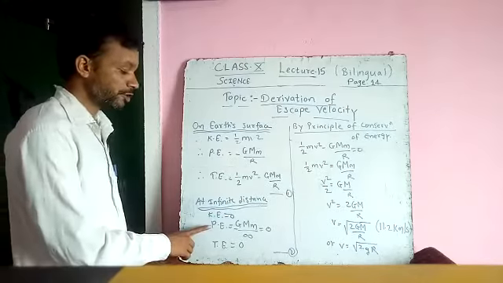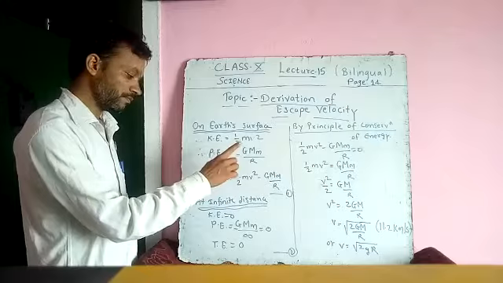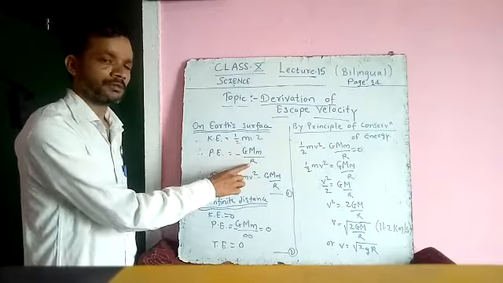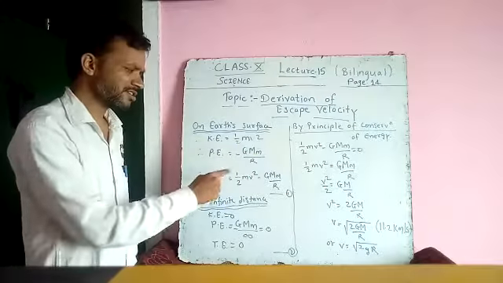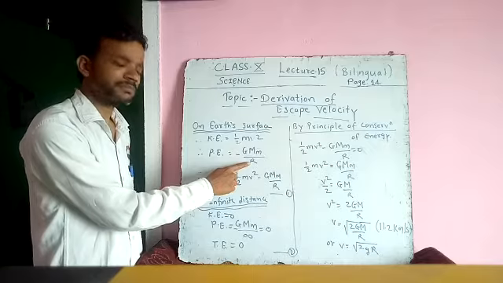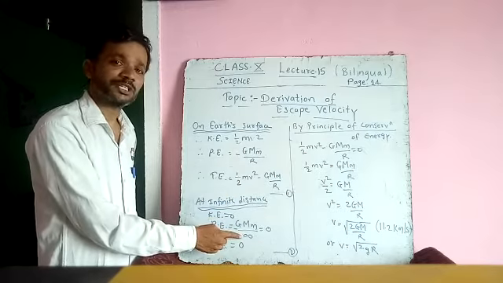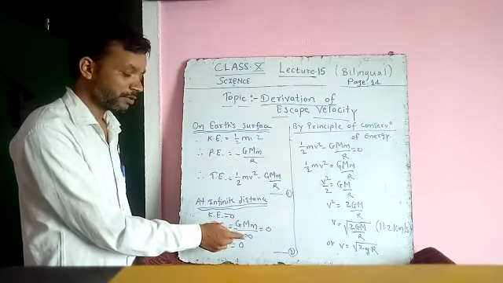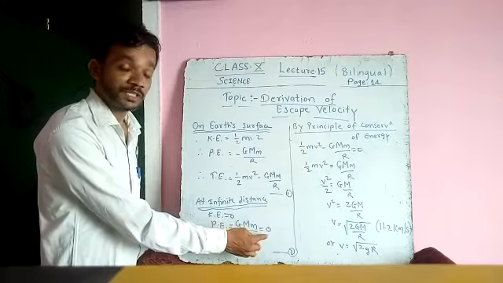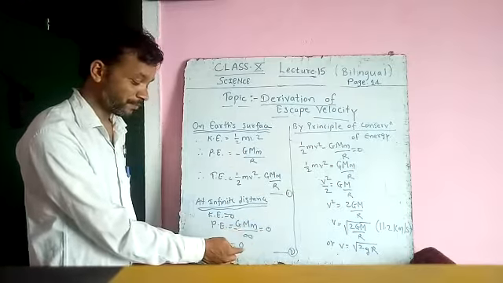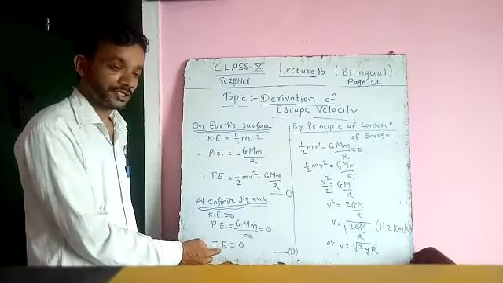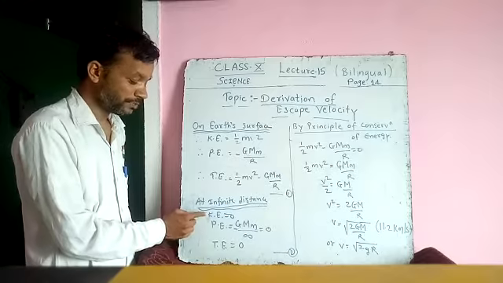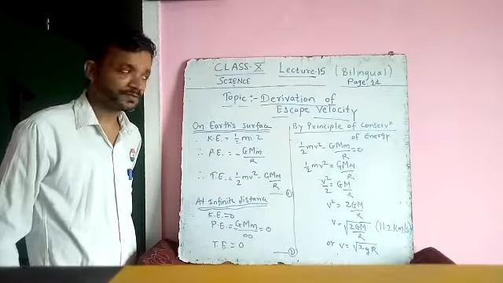The formula of potential energy is still the same, minus GMm upon r, but at infinite distance r is infinity. Any number upon infinity is 0. So the total energy of both these types of energy becomes 0.